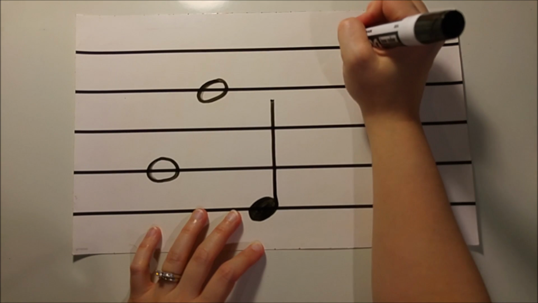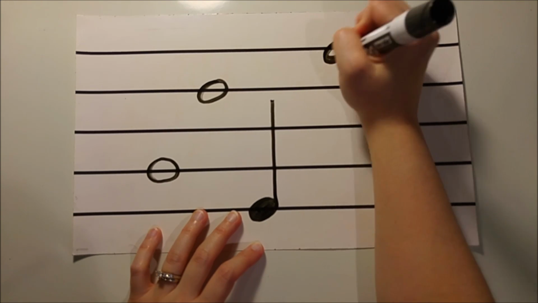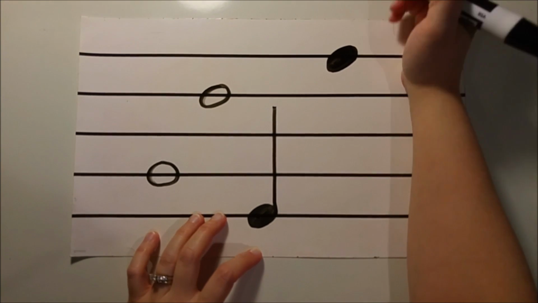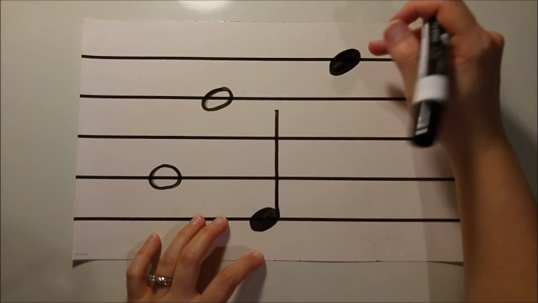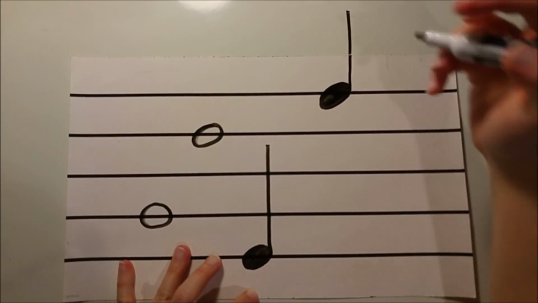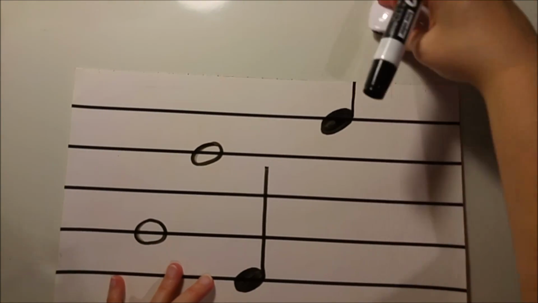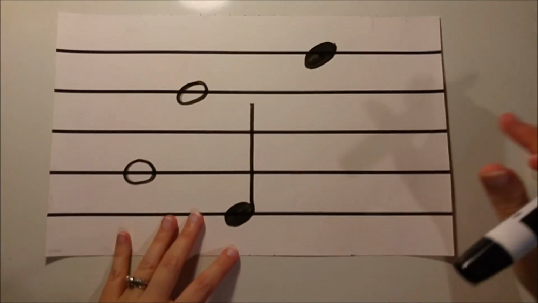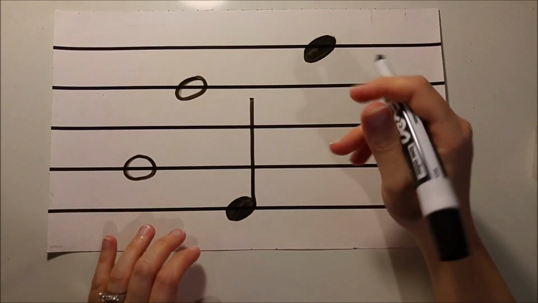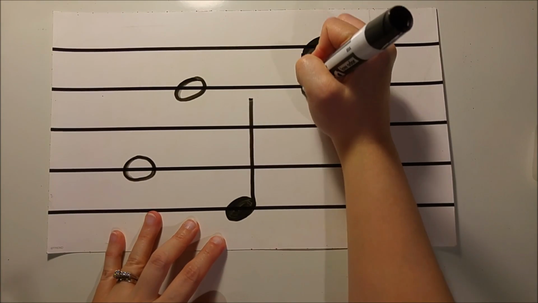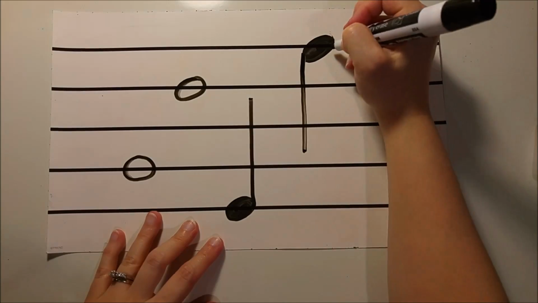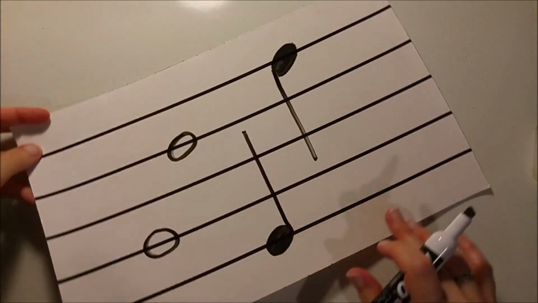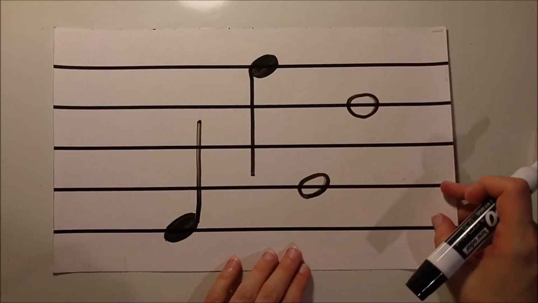It could also look like this way up here. Now, I don't have enough room to draw my stem up, do I? I could make it go way off like this, but that just looks funny. So when we have high notes, we just flip it around and the stem goes down. It didn't go down on this side, it went down here. So see, if we turn this over, it would look the same.